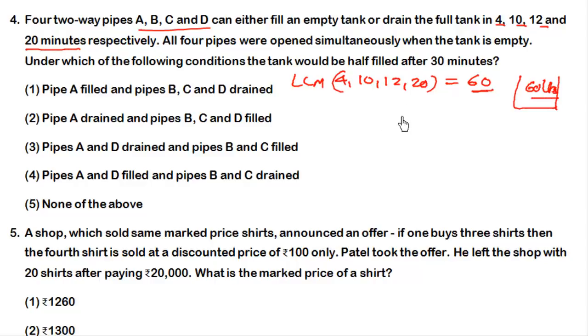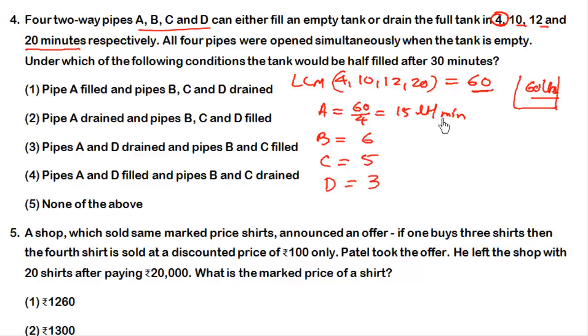Since A can completely fill the tank in 4 minutes, in 1 minute A can fill 60 by 4, or 15 liters, so 15 liters per minute is the rate at which A fills. Similarly for B it would be 60 by 10, that is 6, for C it will be 60 by 12, that is 5, and for D it will be 60 by 20, that is 3. This is the first thing we do in all such questions.